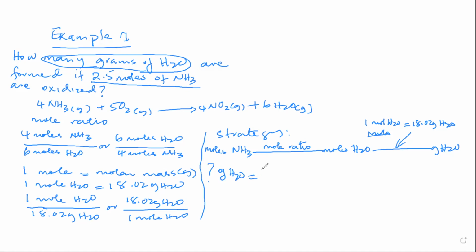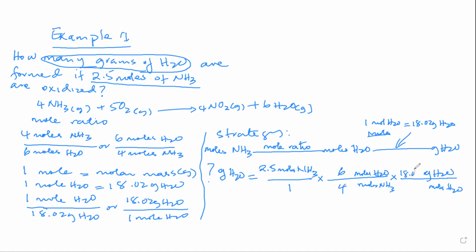So we start with 2.5 moles of NH3 over 1, times the mole ratio of moles of water to moles of NH3, 6 over 4, times grams of water to moles of water, 18.02 grams over 1 mole.